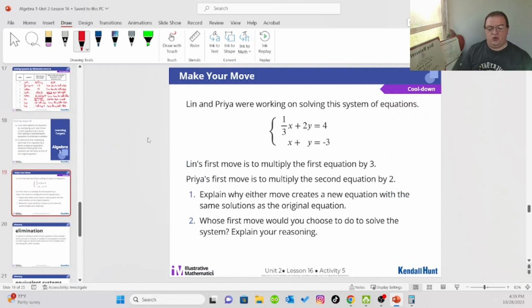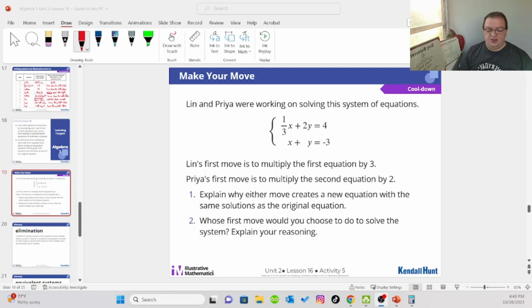So we have our cool down. It says Lynn and Priya were working on solving this system of equations. Lynn's first move is to multiply the first equation by 3. Priya's first move is to multiply the second equation by 2.